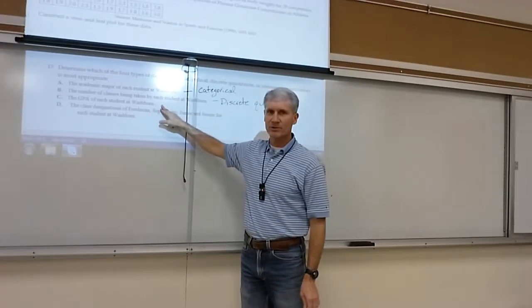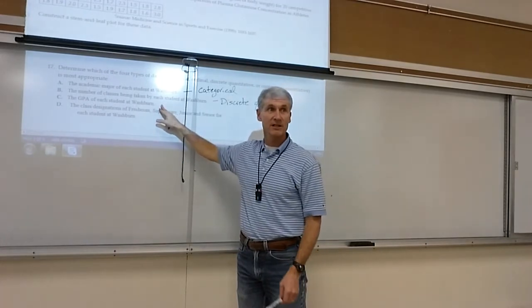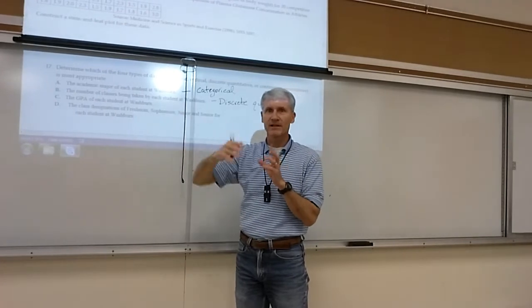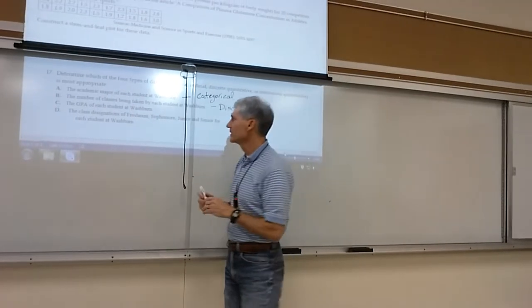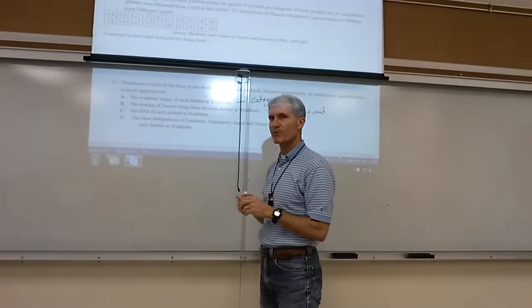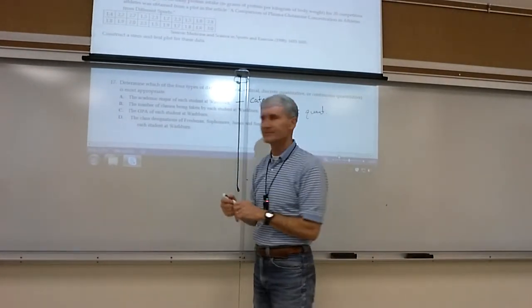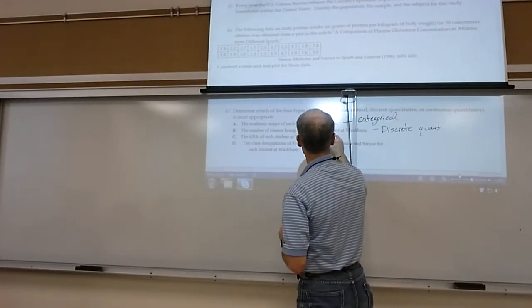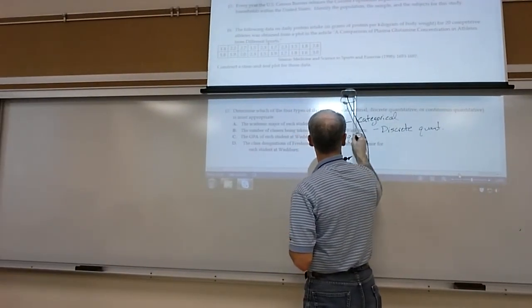GPA of each student at Washburn, that's continuous, because that can have decimals, and it can have, theoretically, an unlimited number of decimals. You could have a GPA of 3.333333 repeating, right? So that's continuous, quantitative.